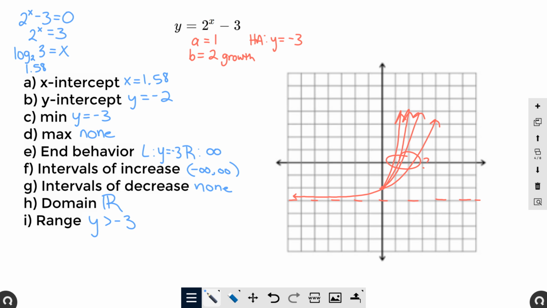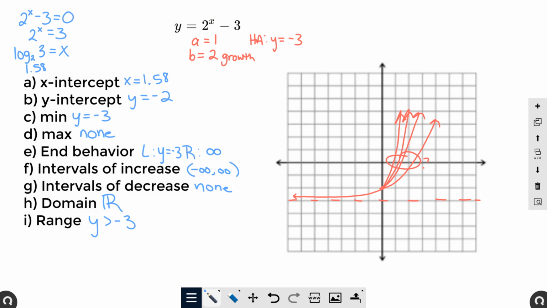Now the next slide I'm going to show you, you do not have to write down, okay? We're just going to look at it real quick and talk about it. Because the next thing that we want to graph and find key features of are log graphs. Now, logs and exponential functions are inverses of each other.